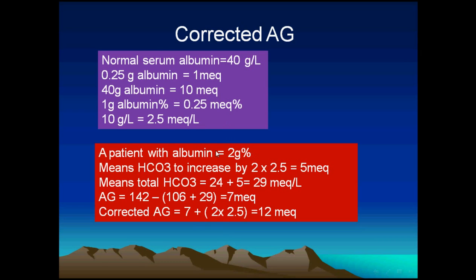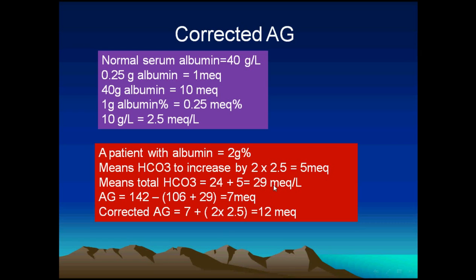If the patient has 2 gram percent albumin, which means 20 gram per liter, this is multiplied by 2.5. So if the patient has an albumin of 2 grams, the bicarbonate will increase by 5 milliequivalent. If the normal bicarbonate in this patient is 24, then after the hypoalbuminemia his normal bicarbonate will be 29.